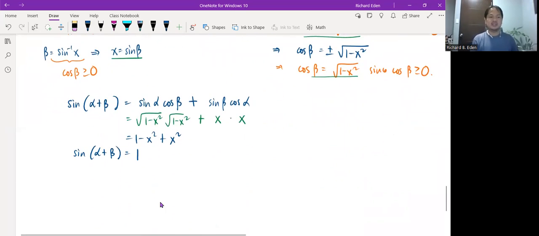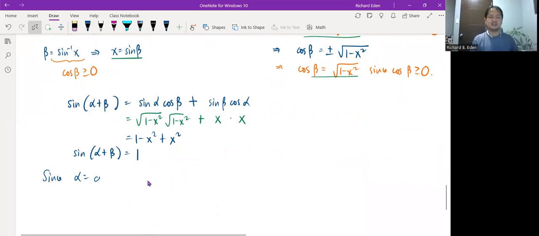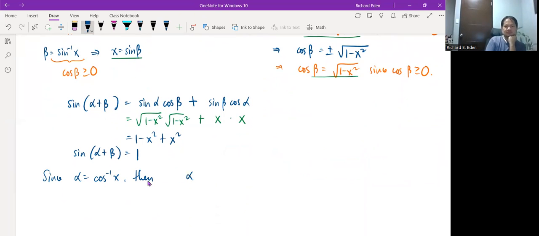Since alpha is cosine inverse of x, that means alpha can be found in which quadrants? First and second. So that means alpha is between 0 and pi.